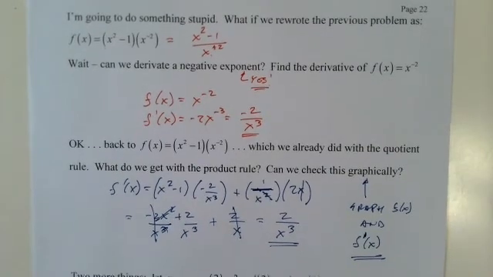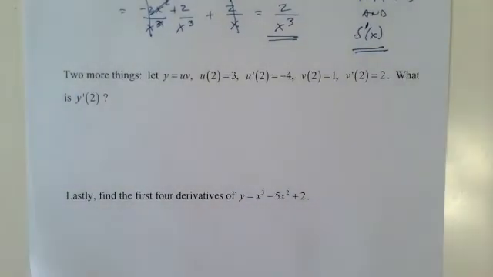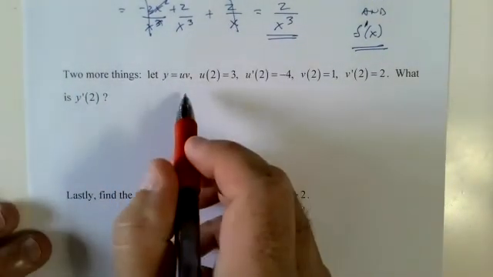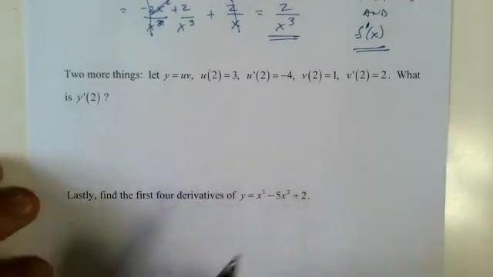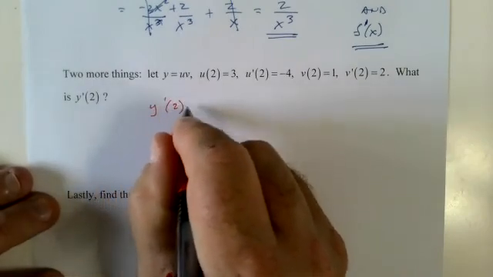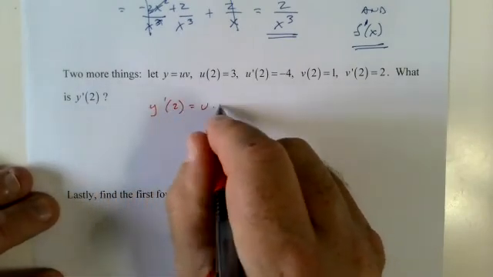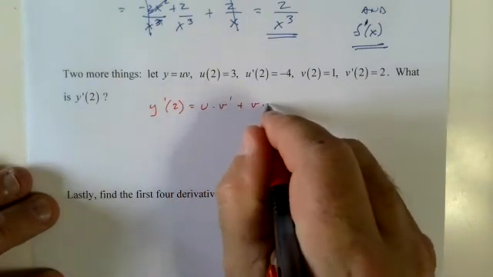All right, so two more quick things, and these are contrived math problems. They do this all the time. Hey, there's some weird function uv, and this is this, and this is this. Can you balance your checkbook? That's all they're doing. So y prime of 2 equals leave it v prime plus leave it u prime.